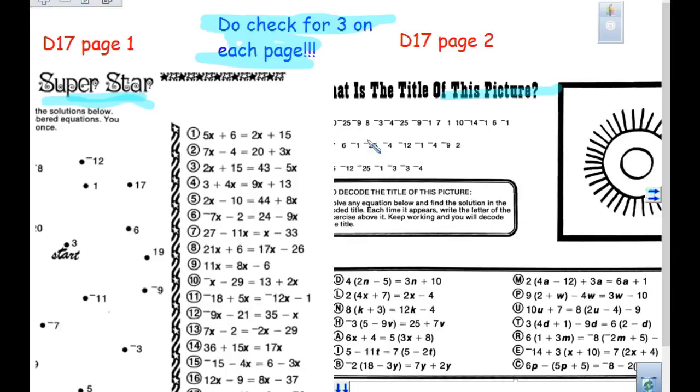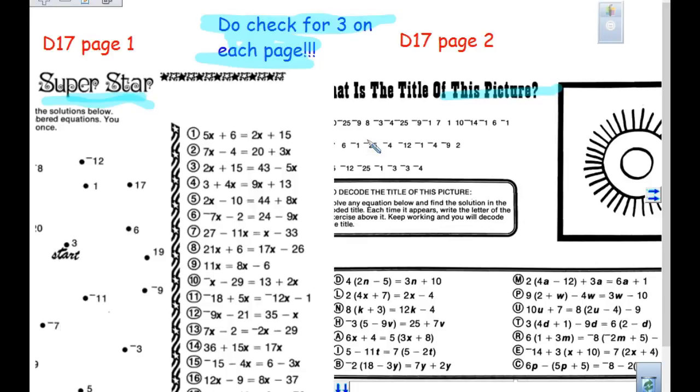So, you're going to see this one with the superstar. And actually on this one through 18, we're going to do every other one. And on this one, same thing. And notice what I put up here.